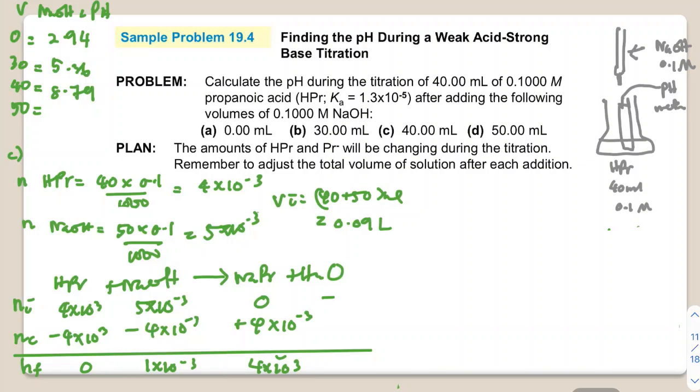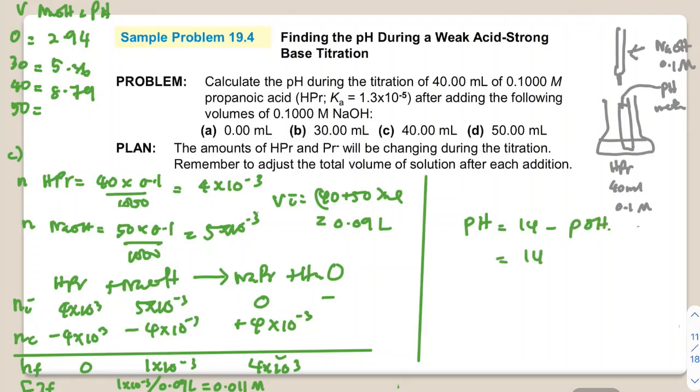Okay, before that we calculate the final concentration, which is 1 times 10 negative 3 divided by the new volume, 0.09 liter, which is equal to 0.011 molar. So pH is equal to 14 minus pOH.